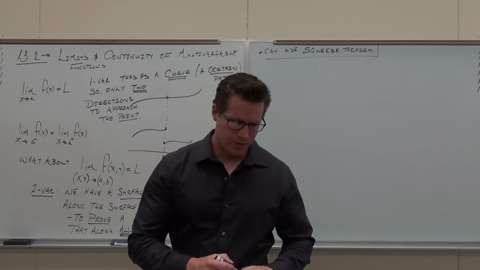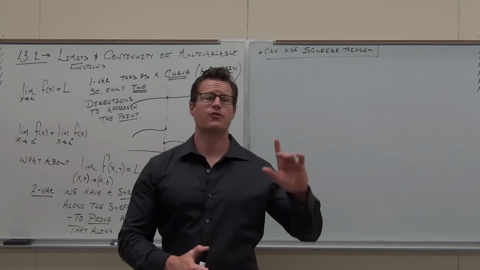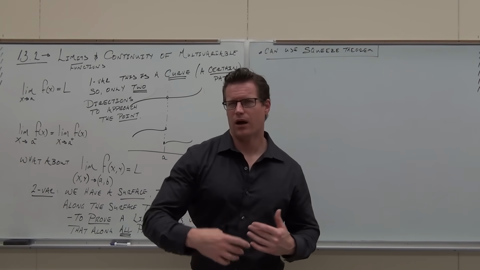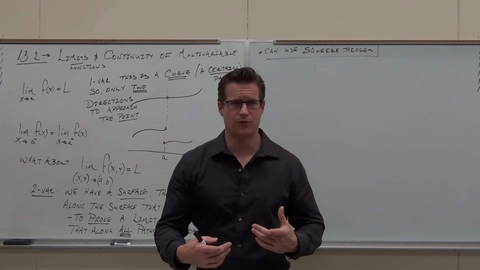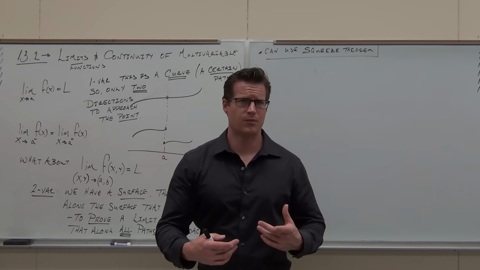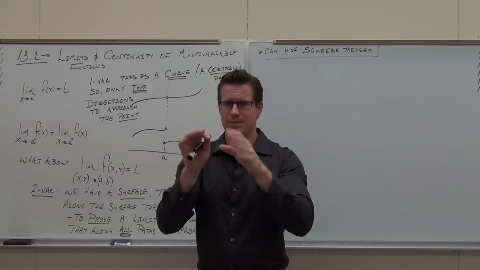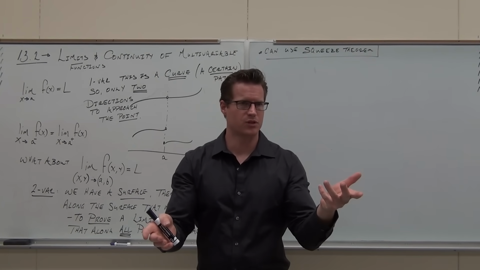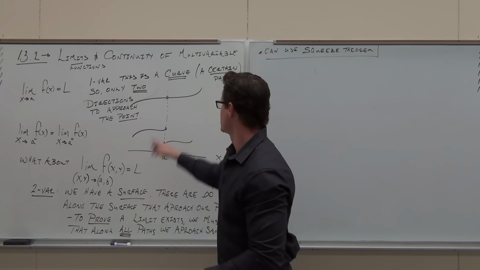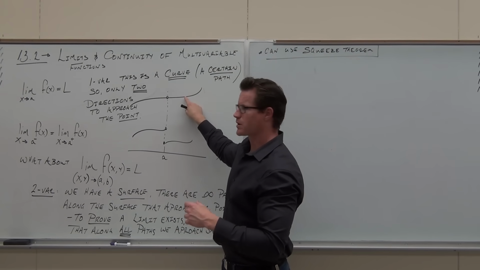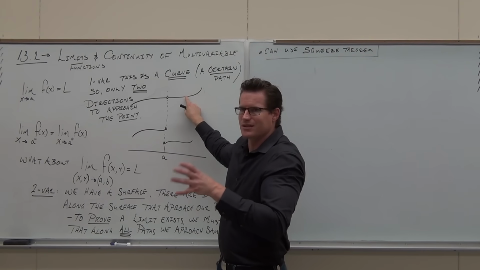So, how do we prove these things exist? One of them is the Squeeze Theorem. The other way is that we use a lot of the principles about functions that we know. For instance, we're going to talk about continuity. If you remember from Calc 1, if you have a function that's continuous, the limit has to exist at every single point. Do you remember talking about that? Continuous means no jumps, no gaps, no holes, nothing that makes it undefined.